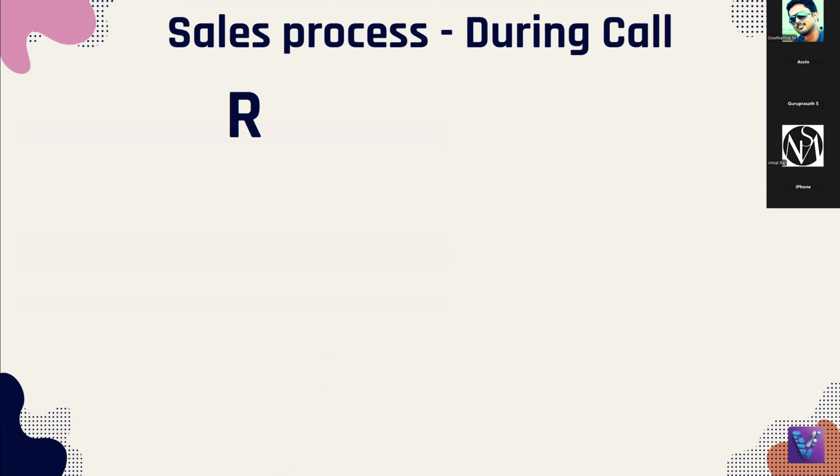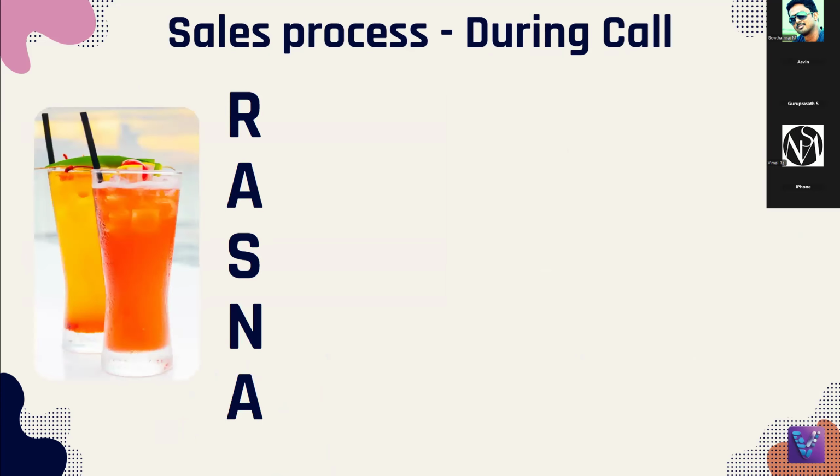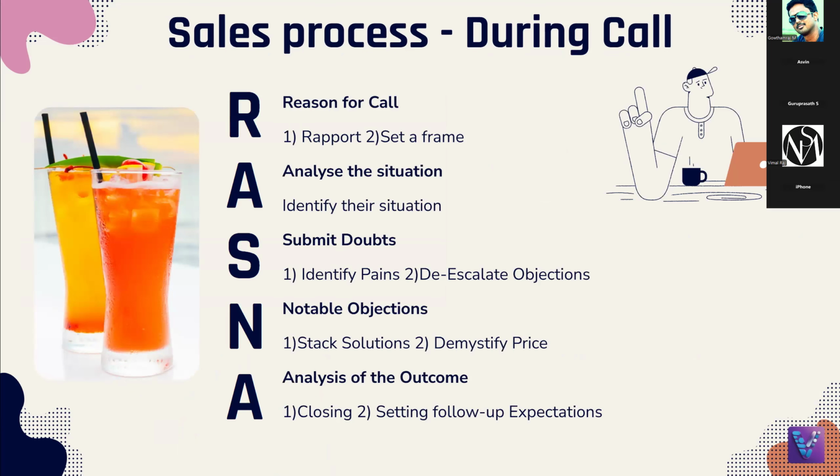During a call, there is one model, the RASNA model. This model helps in capturing the mindset of the people, and how we proceed with the customers for our sales.